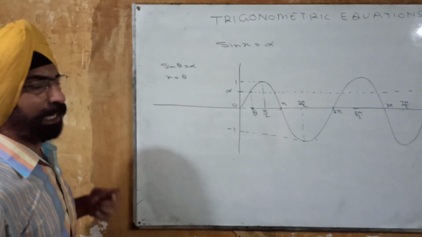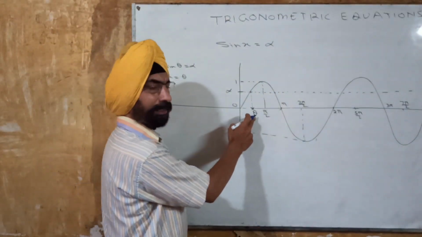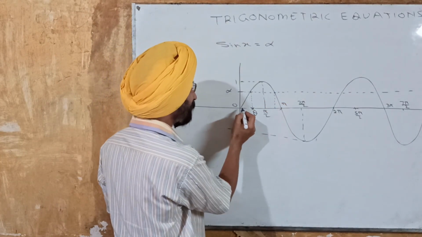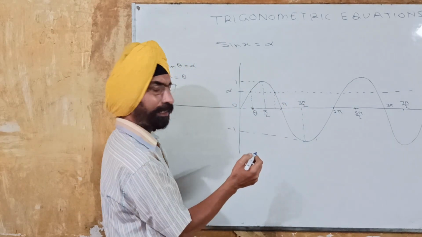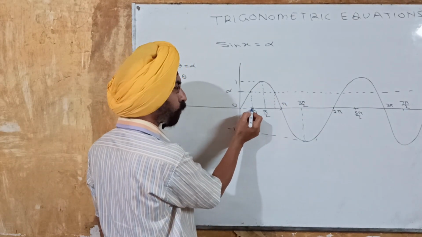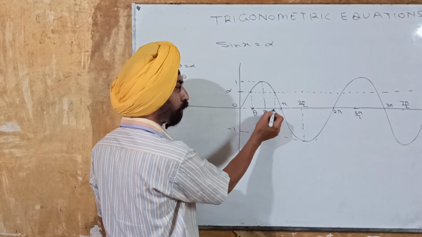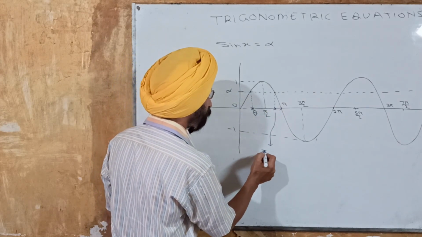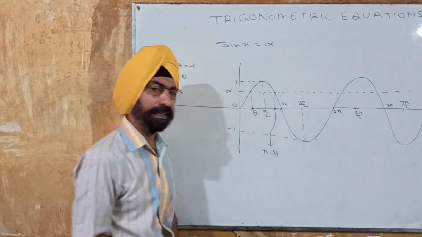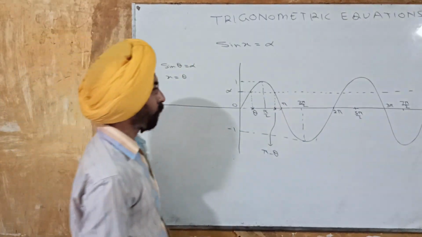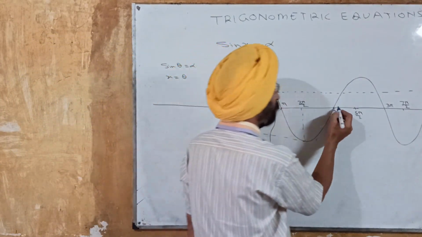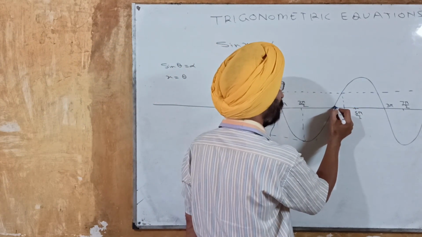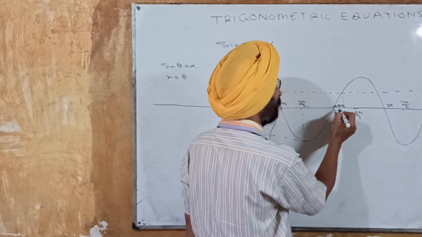Now, this alpha first time is coming at this point theta. The next time, since the graph is symmetric, the distance from 0 to theta is the same as the distance from pi to this point. So this point will definitely be pi minus theta. Then you will move ahead. Here it is 2 pi, and this distance is once again theta.